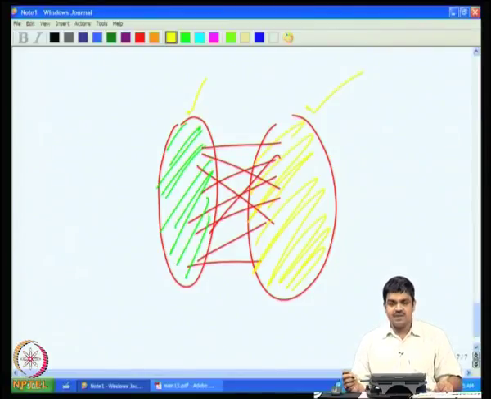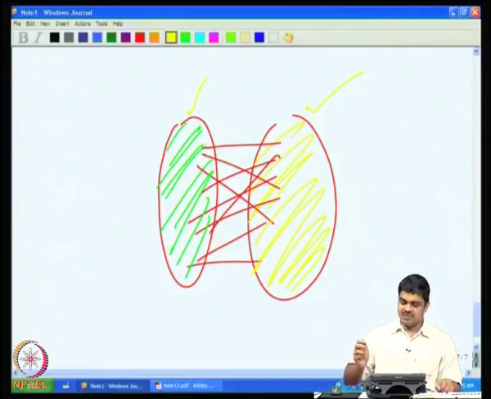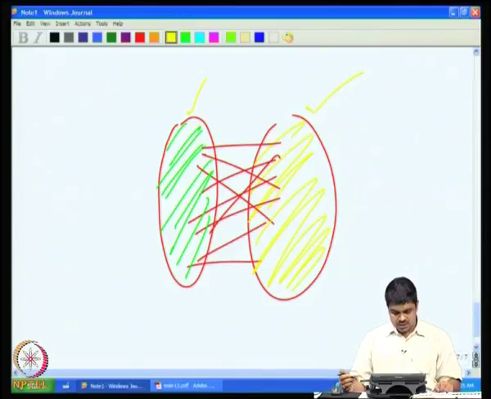So it's like we are trying to cover the graph with independent sets, right? Each color corresponds to an independent set, another color corresponds to another independent set. We just have to put every vertex in one of the classes, so that we are covering all the vertices with independent sets.